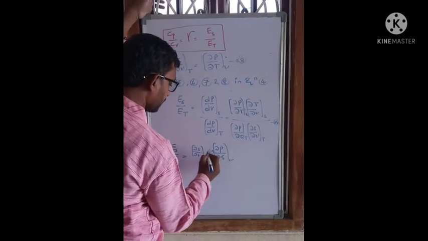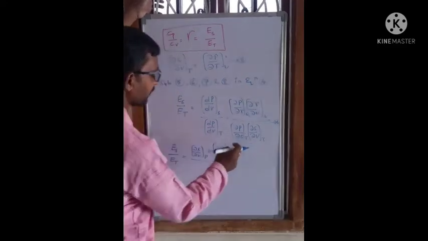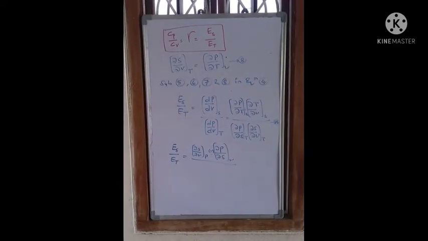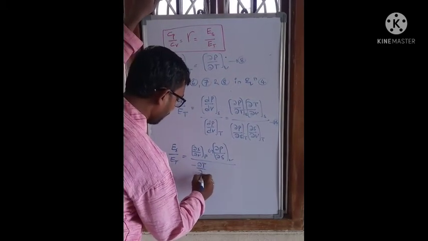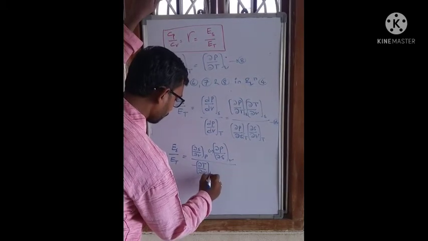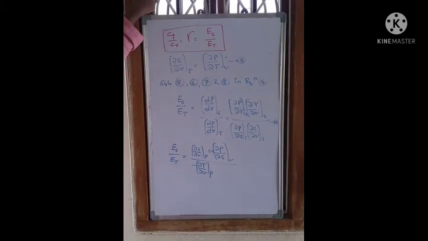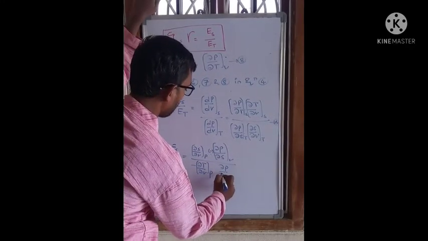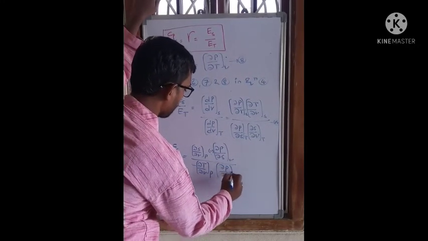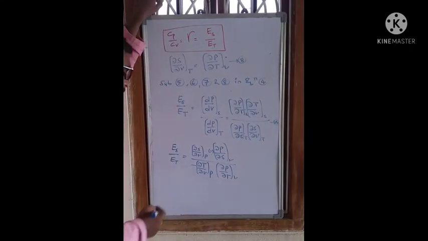Here we get a minus, and this term ∂P/∂S at constant temperature can be written as minus ∂T/∂V at the constant pressure P. And the fourth one, we know, is ∂P/∂T at a constant volume.